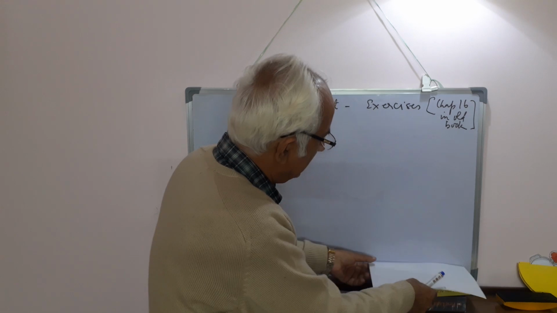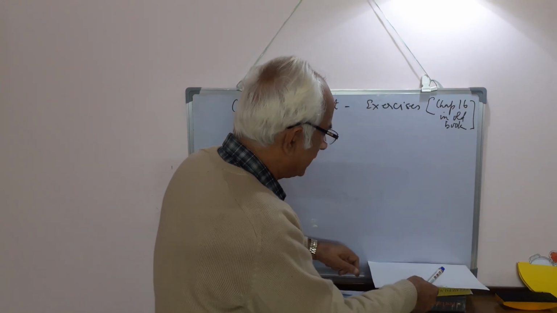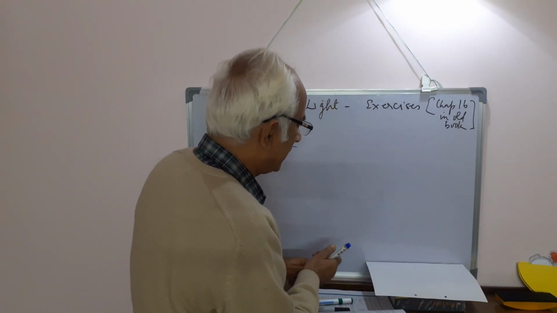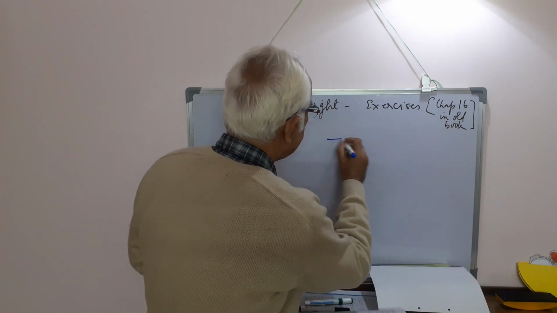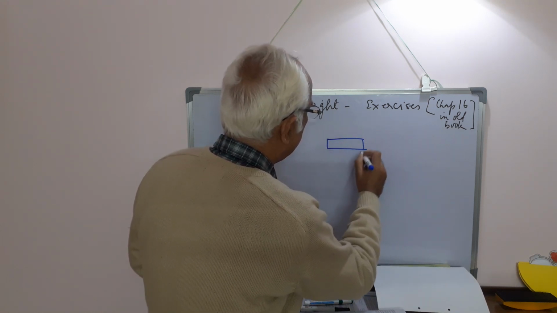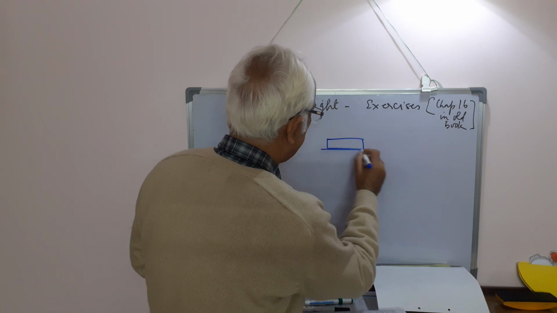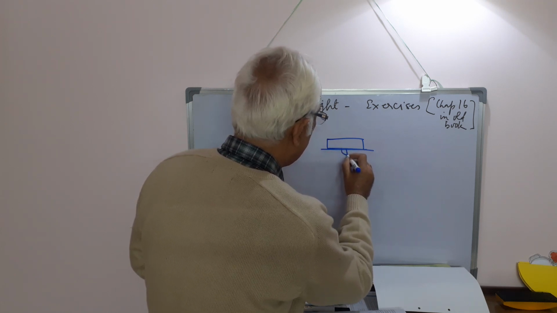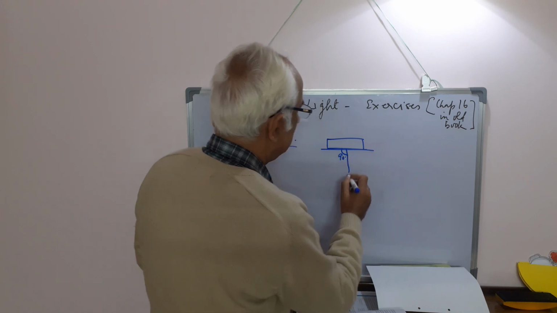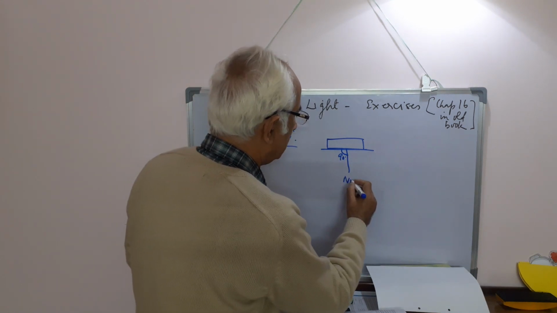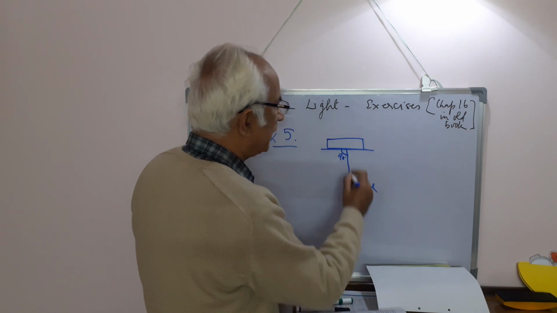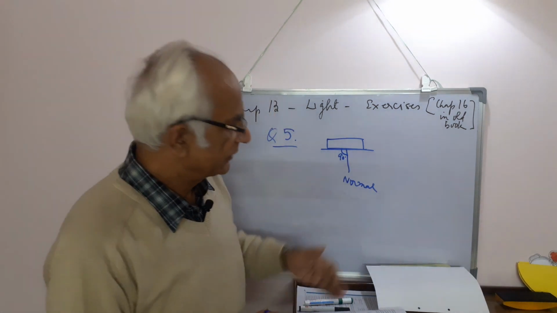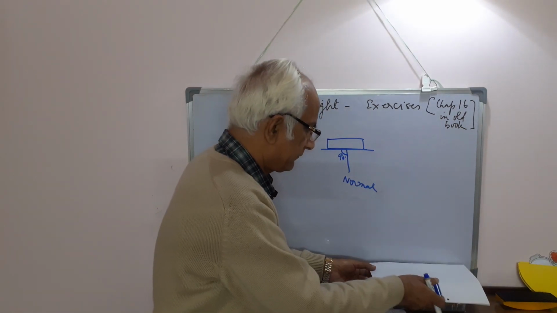This is the mirror and this is the sheet of paper, and there is a line, and this line makes an angle of 90 degrees with the mirror. It is called normal. Why is it called normal? Because it is at 90 degrees to the surface of the mirror.